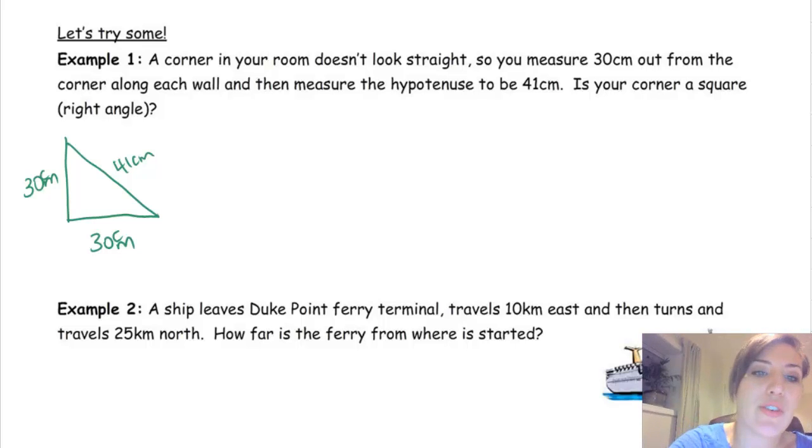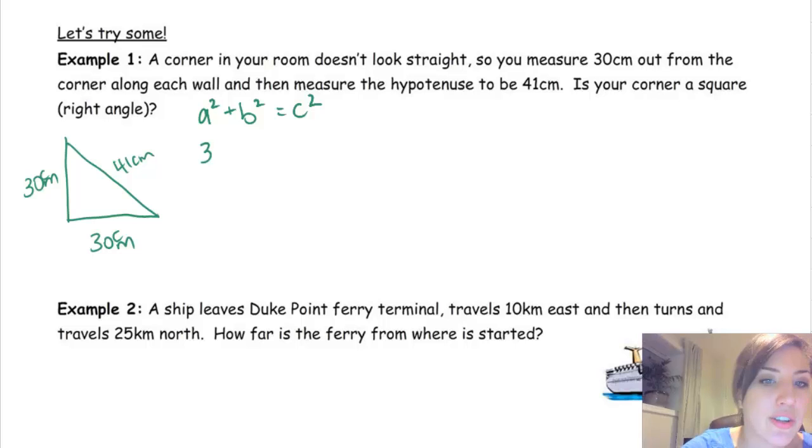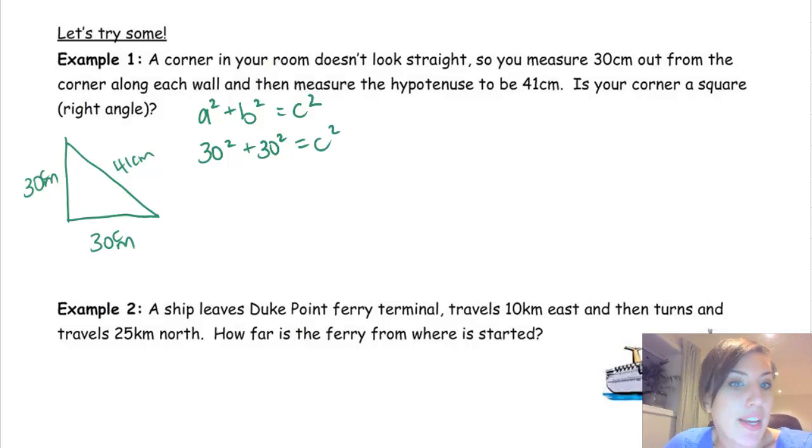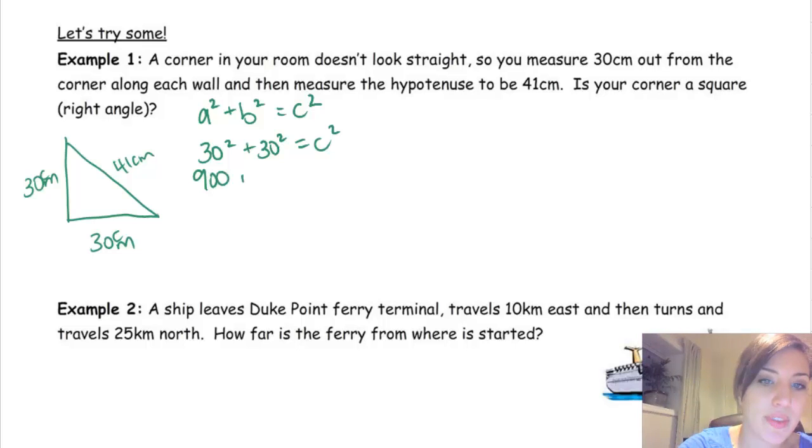Well, one way is to say, I already know that a squared plus b squared equals c squared. So if a is 30 and b is 30, let's see if our c ends up being 41 centimeters. If it does, then it's square. If it doesn't, then it's not. So 30 squared is 900, and 900 plus 900 is 1800.